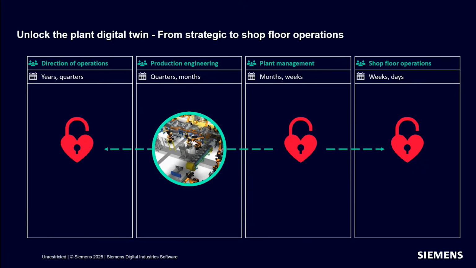What we're trying to do here is help you in the production engineering phase with creating the model and having the advanced dashboards and building KPI tools to configure your KPIs and to analyze your models.